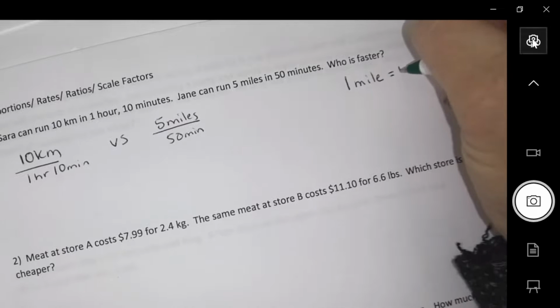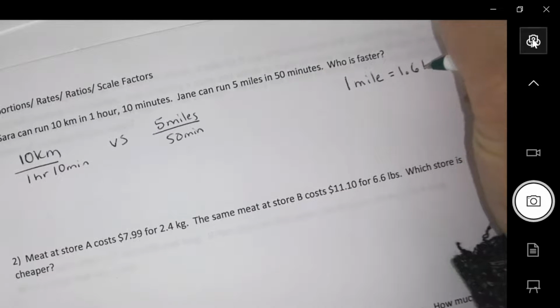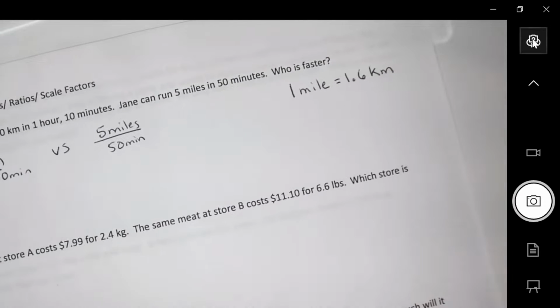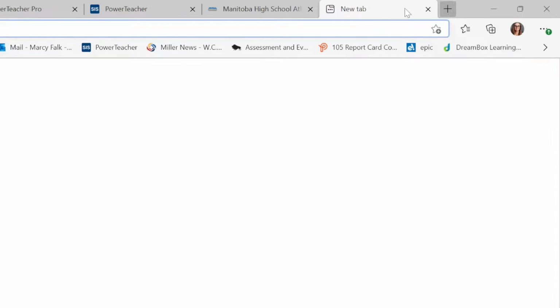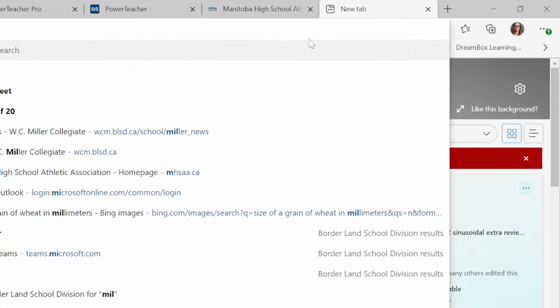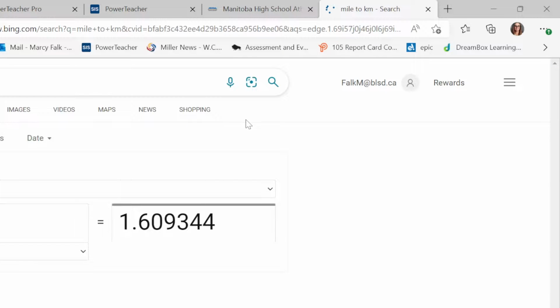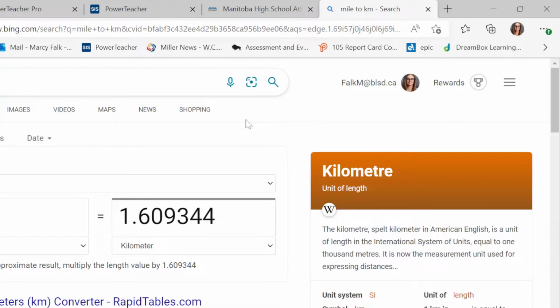Maybe I'll look this up, but I'm pretty sure I think this is right. 1 mile is 1.6 kilometers. That seems to be in my head. We'll go 1.61. 1 mile equals 1.61 kilometers.